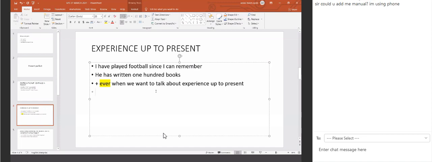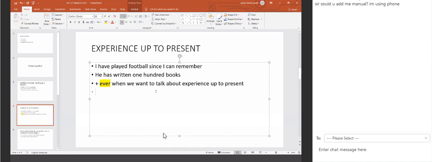I have, or not I have, he has ever... I forgot the example. Don't worry, right now I cannot wrap my head around this example. I'll get back to you again on this.